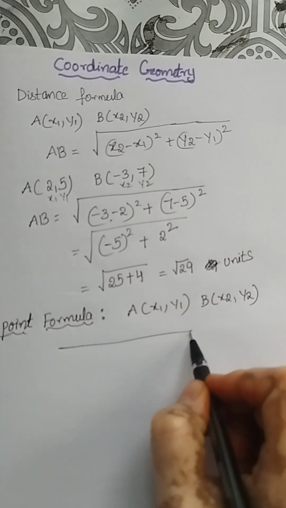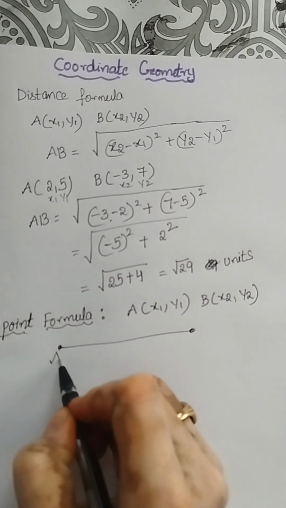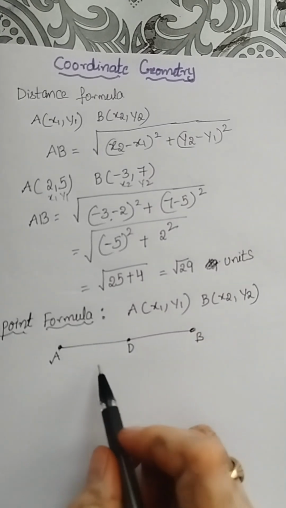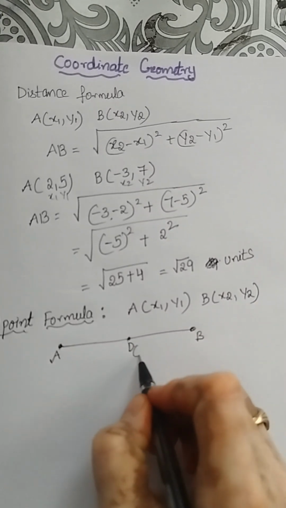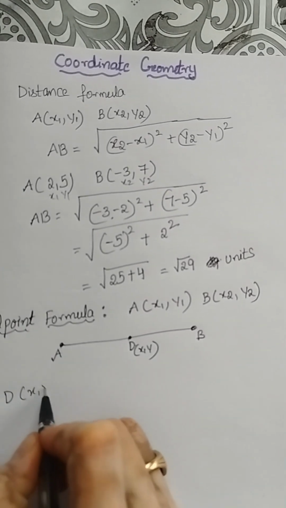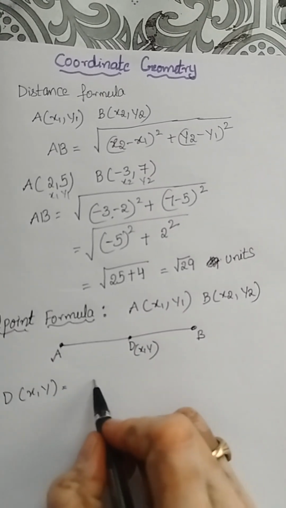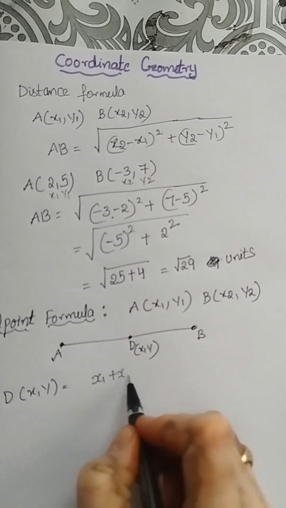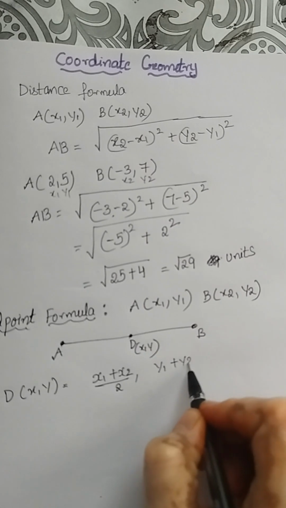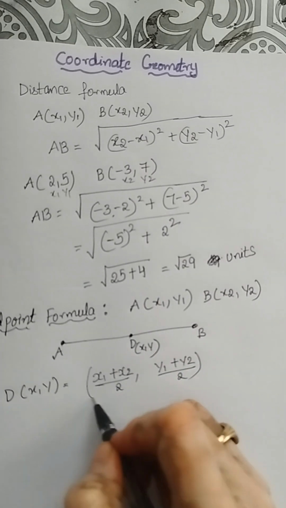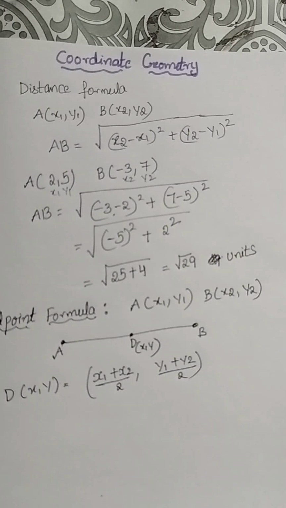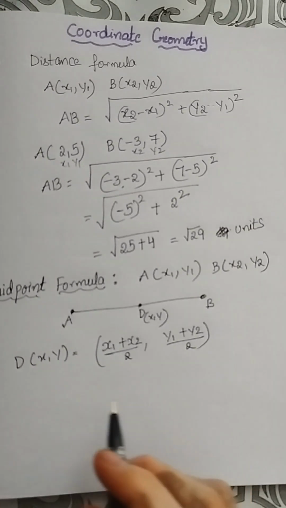See, if any line segment like this is there, A, B, and suppose D is the midpoint, we have to find the D coordinates. So D (x, y) equals ((x1 plus x2) by 2, (y1 plus y2) by 2). So we'll get the midpoint of the line segment AB.